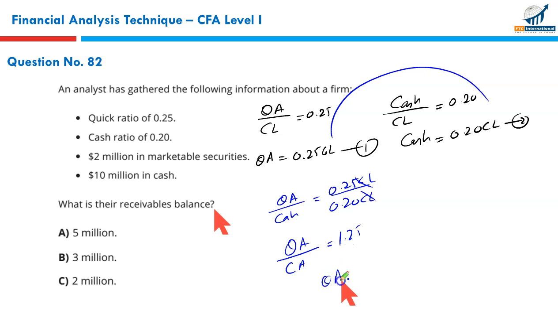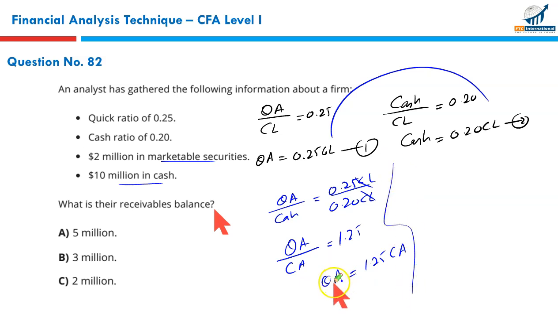It tells me that quick assets are 1.25 times your cash assets. We have successfully eliminated current liabilities. We have marketable securities and cash, which represent your cash assets. Now we can simply find what is required.